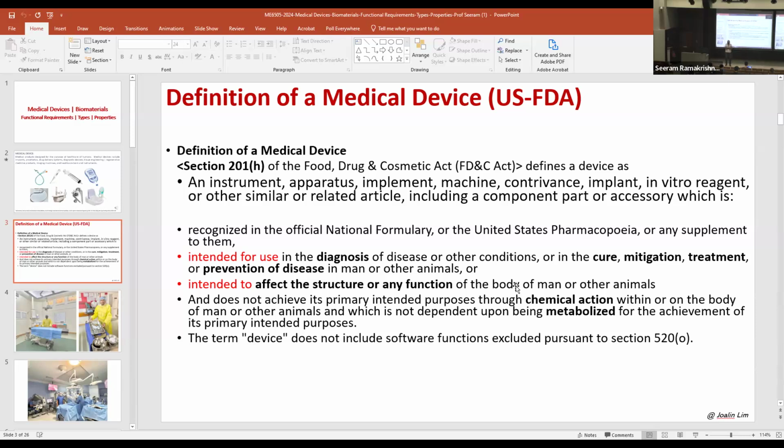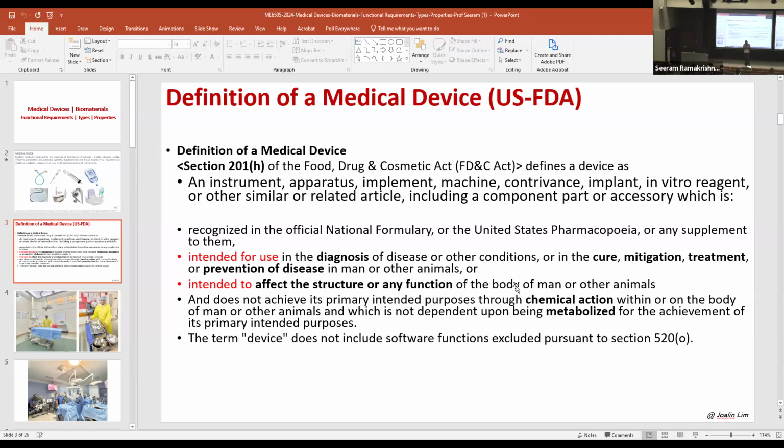It is intended to affect the structure or function of the person, basically. As long as that device has an influence on the structure and function of tissue, cells, or organs, that's where we say it is a device meant for healthcare outcome.